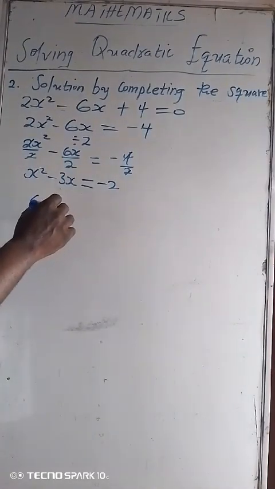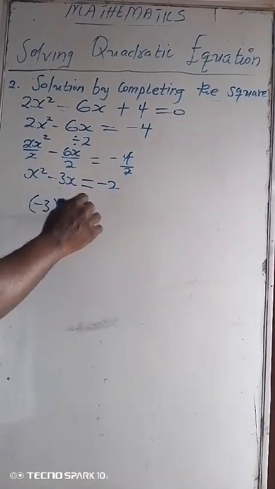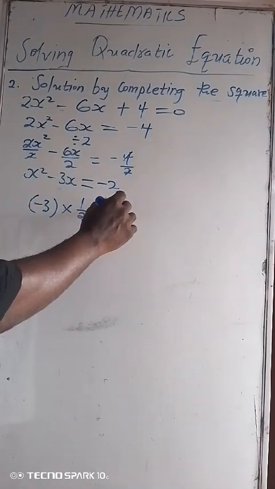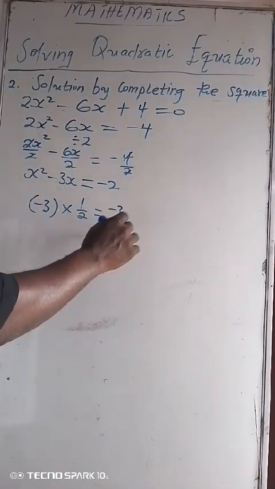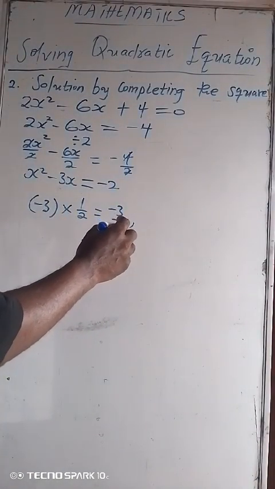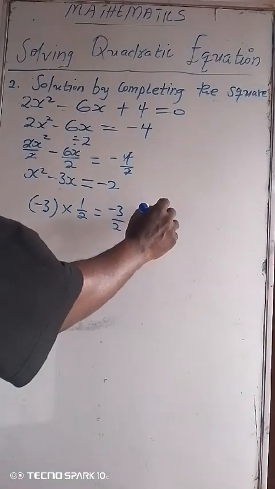We multiply the negative 3 by 1 out of 2, and we are going to get negative 3 out of 2.